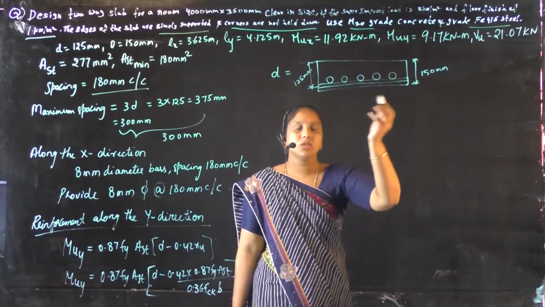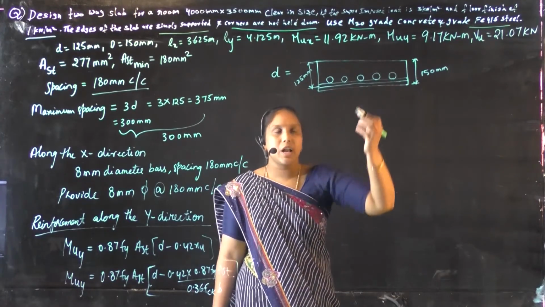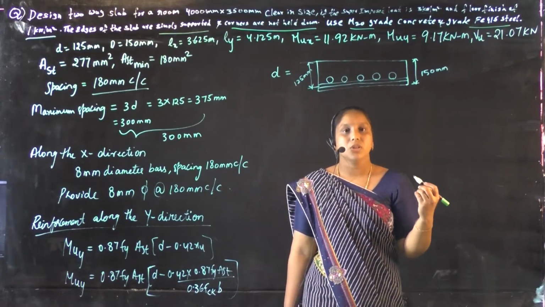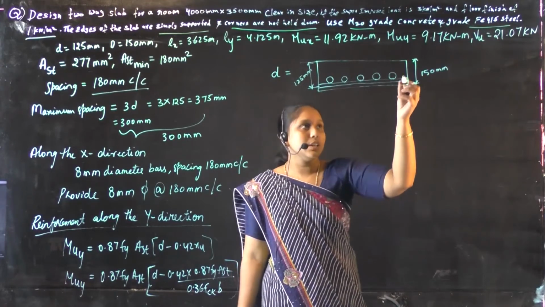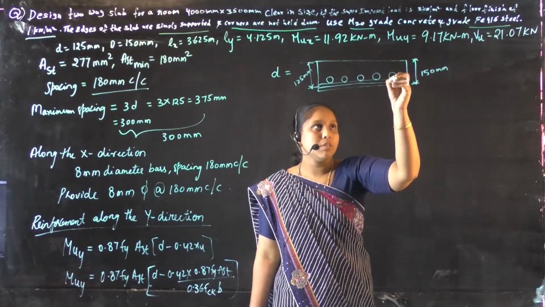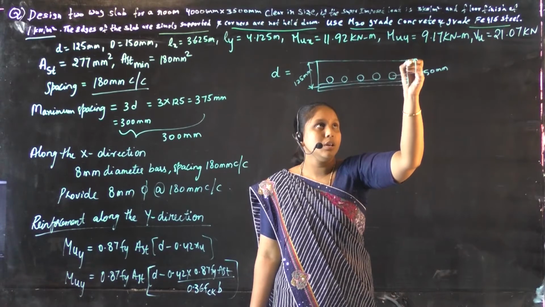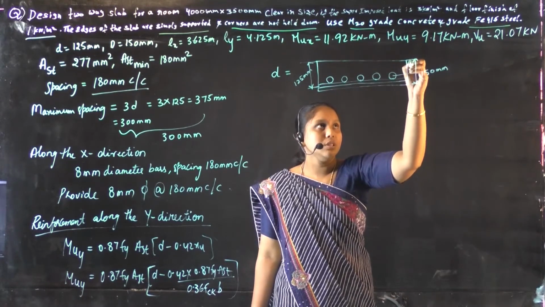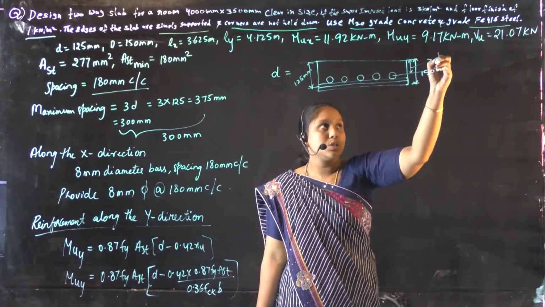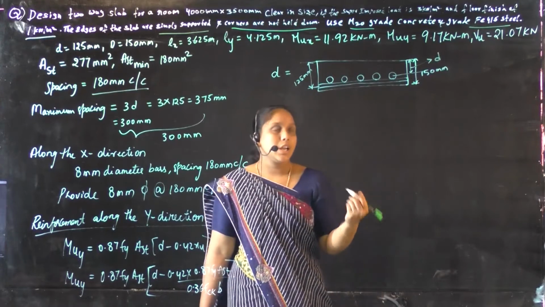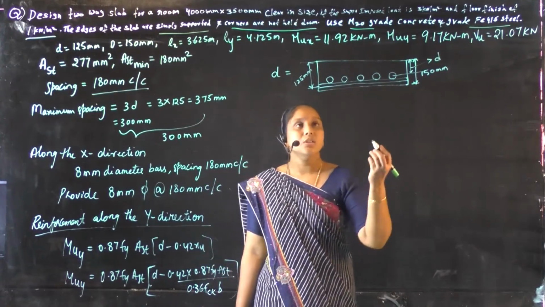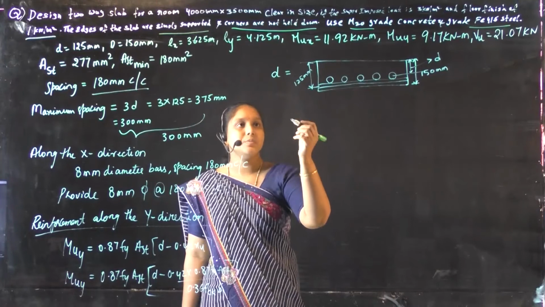So now we have to calculate the depth from the center of this to the top. This depth has to be used in the calculation of the area of steel. So how will we calculate that depth d?